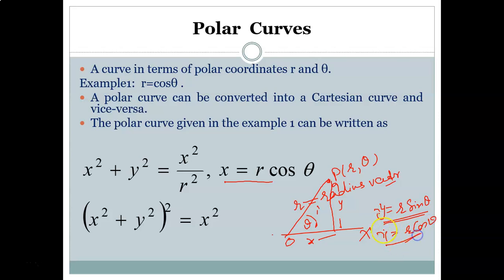So this is the relation between Cartesian coordinates and polar coordinates. So Cartesian coordinates can be converted to polar coordinates, or polar coordinates can be converted to Cartesian coordinates using this relationship, x equal to r cos theta, y equal to r sin theta.